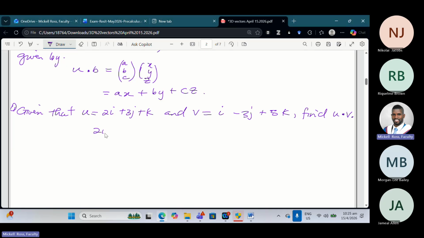All right, so we're going to get 2I plus 3j plus k, and we're going to multiply that by I minus 3j plus 5k.